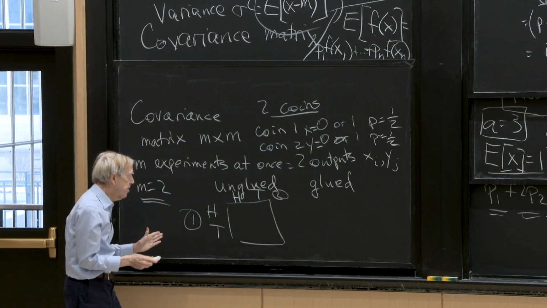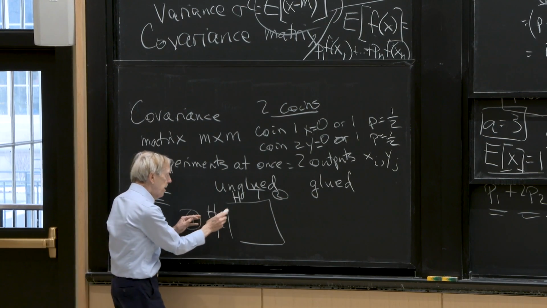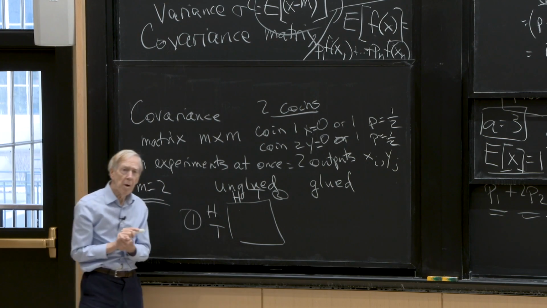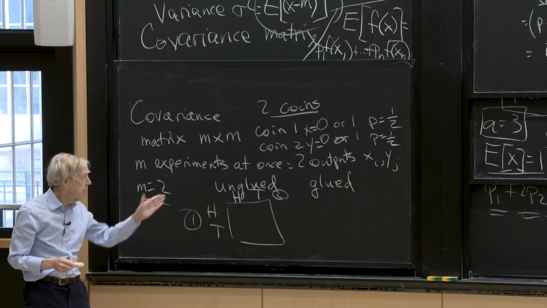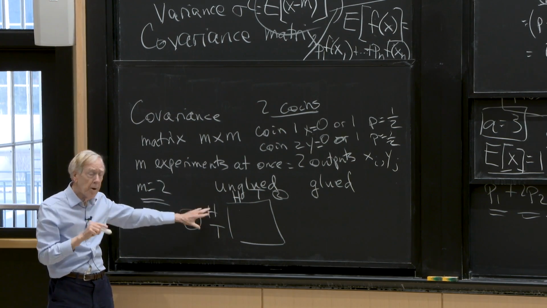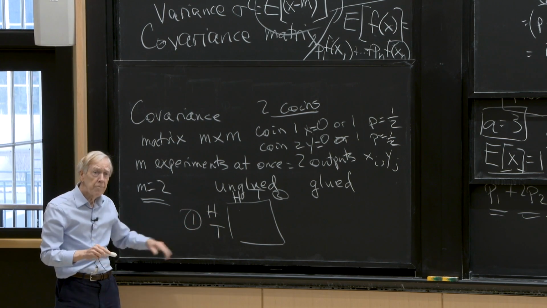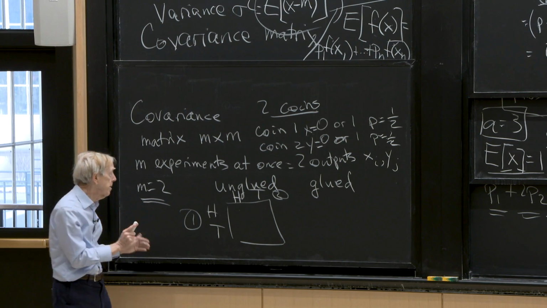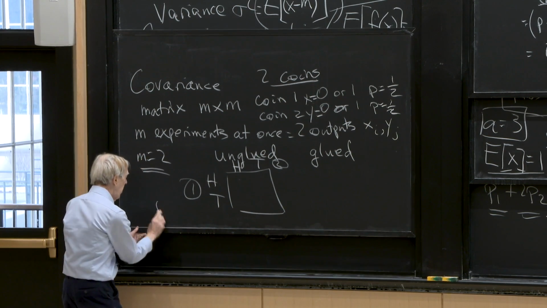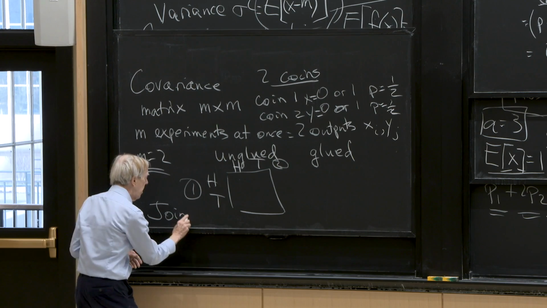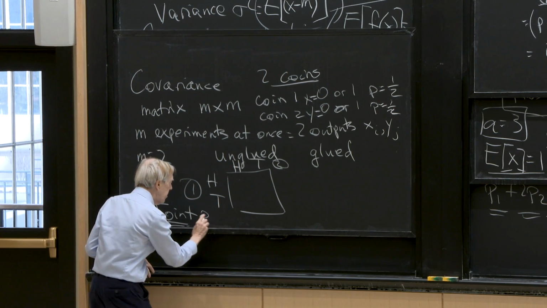So the possibilities are coin 1 gets heads and coin 2 gets heads. What's the probability of that? This is the unglued case. So I'm going to create a little probability matrix of joint probabilities. That's really the key word that I'm discussing here. Joint probabilities.